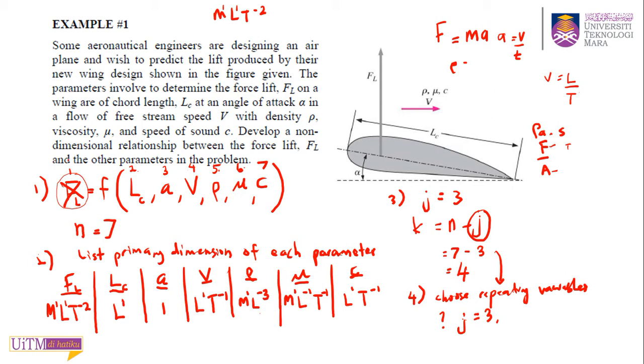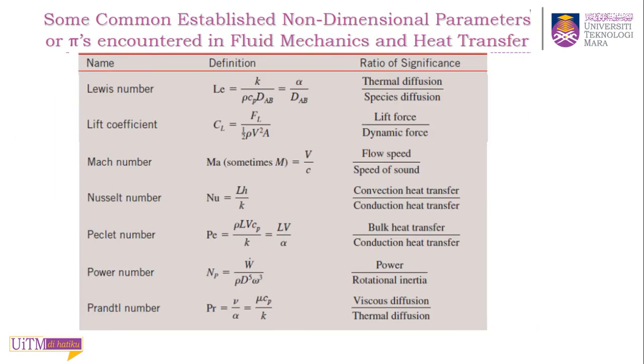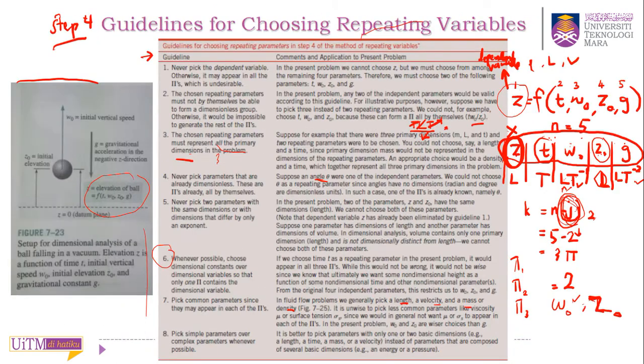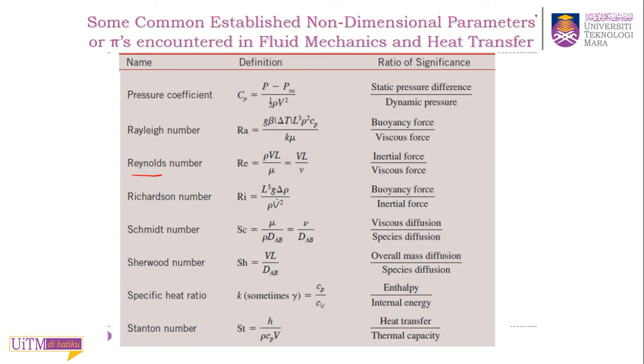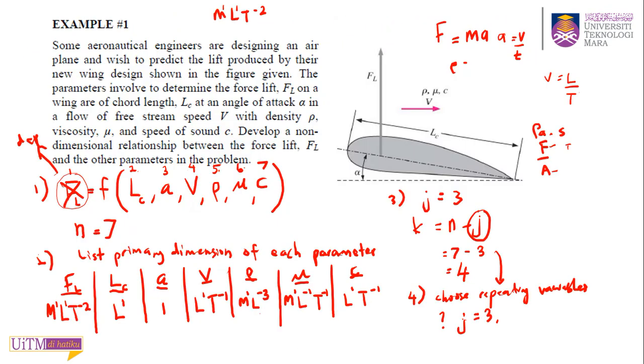Dependent variable. Yes, because FL is the dependent variable. It is stated in guideline number 1: never pick the dependent variable. So you cannot choose FL. So you cancel out the FL first. Throw away the FL. So you will have another 6 to choose from. You want to choose 3.